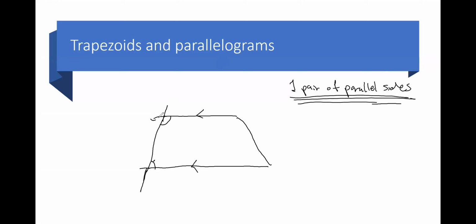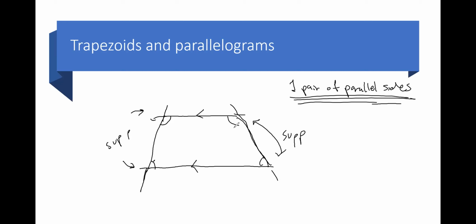Because this angle will be congruent to this one, which means that they're supplementary. So these two angles are supplementary. These two angles are also supplementary because we have two parallel lines with a transversal. Okay, so these two are also supplementary.